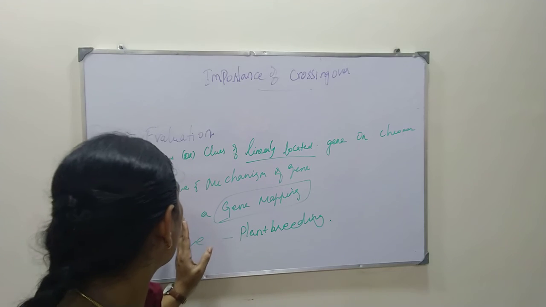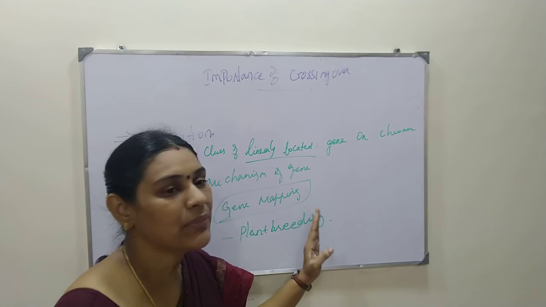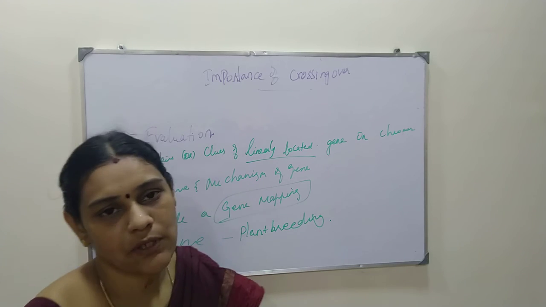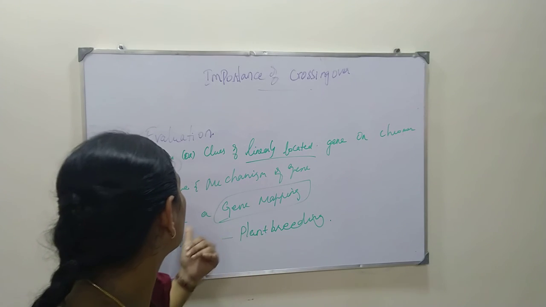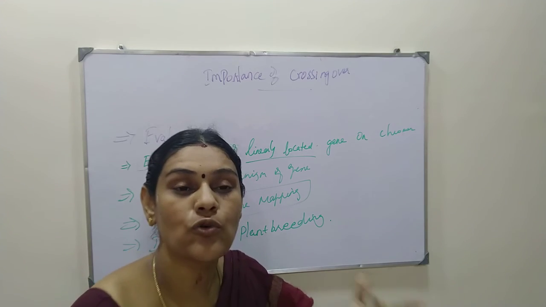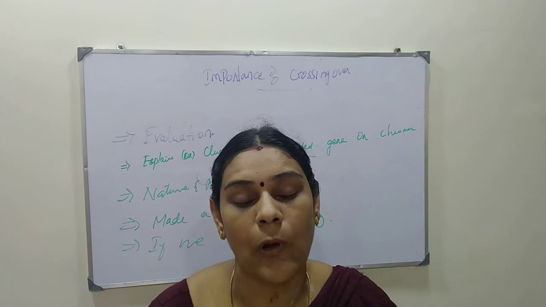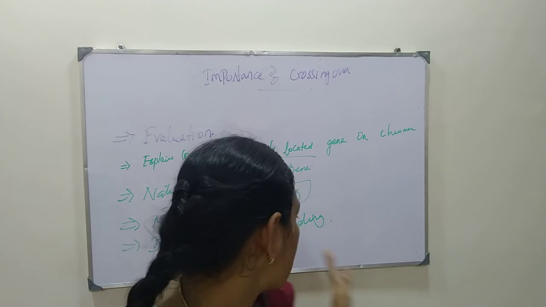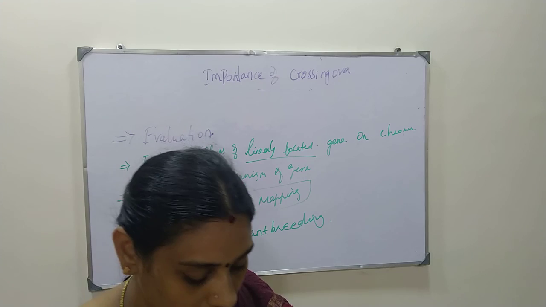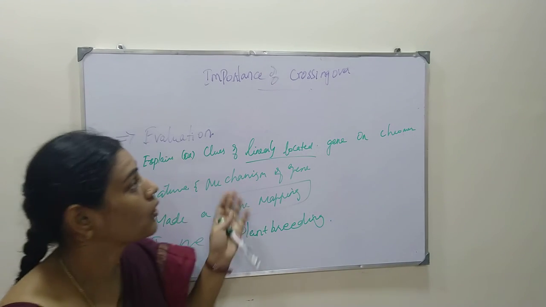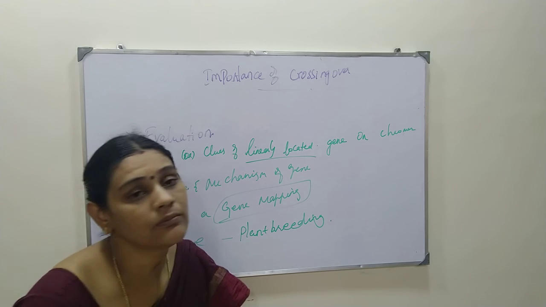Gene mapping is made with the help of crossing over; I'll explain gene mapping in the next video. If we get a really useful recombinant that gives a lot of yield with lesser input, it is used in plant breeding. So this is the importance of crossing over. Thank you.